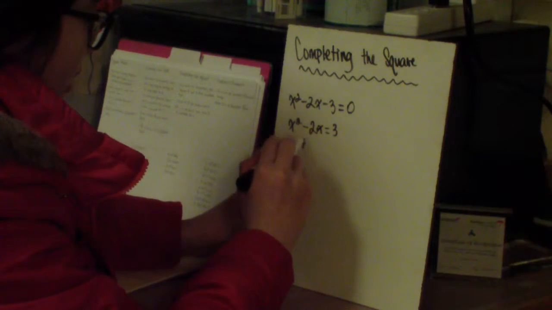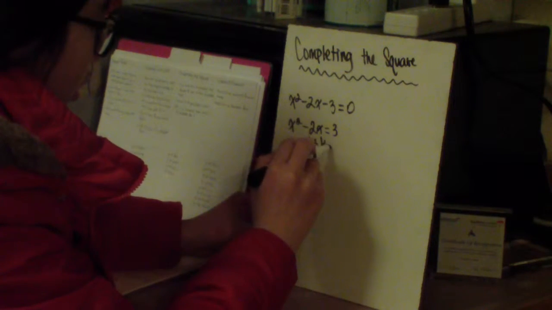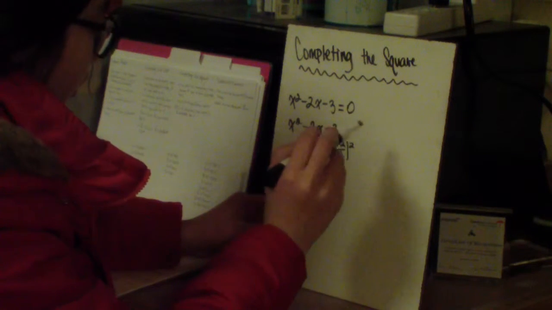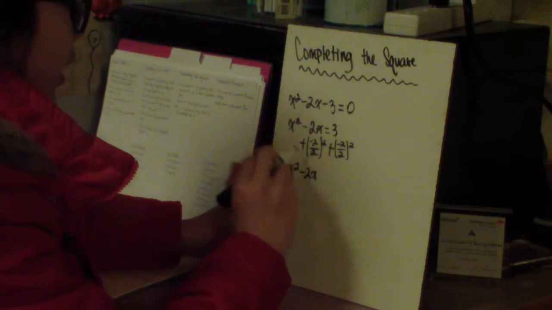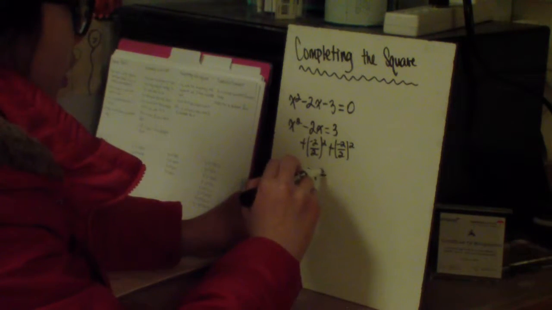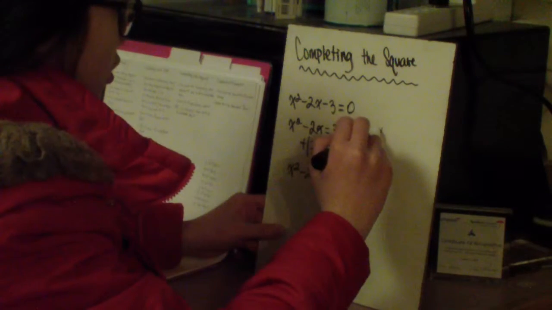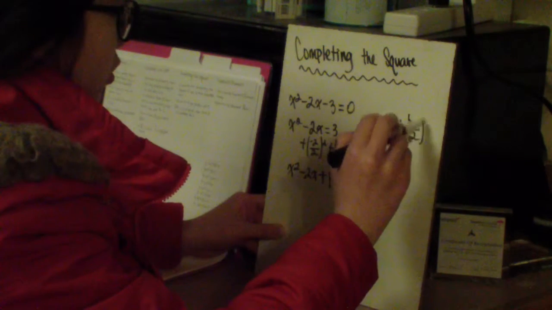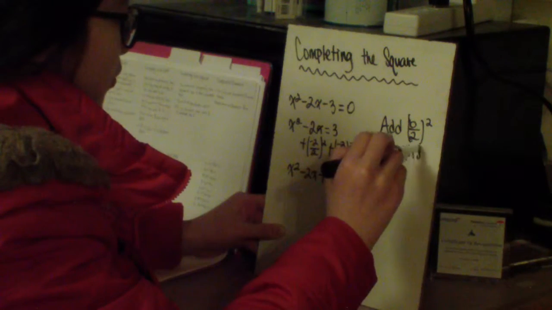So you add (negative 2 over 2) squared to both sides. Negative 2 divided by 2 is negative 1, and negative 1 squared is still 1. So you get x squared minus 2x plus 1 equals 3 plus 1, which is equal to 4. Just remember to add (b over 2) squared to both sides.